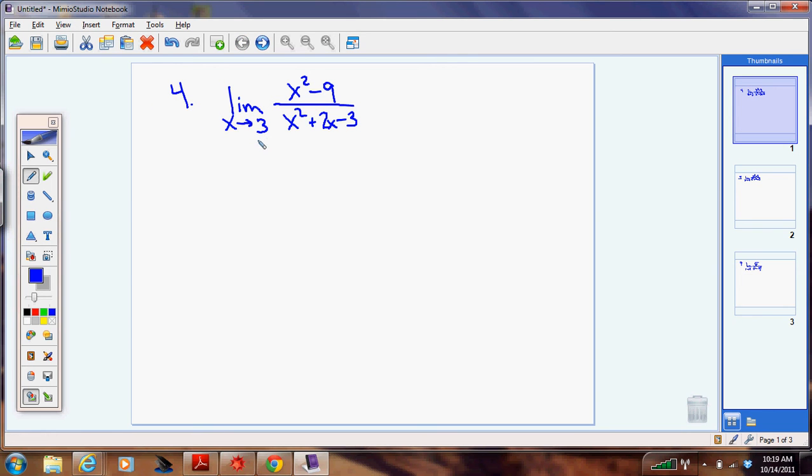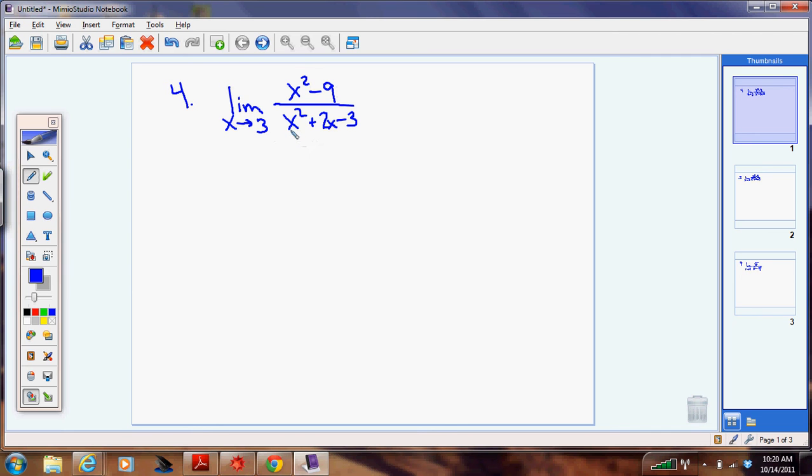As I've mentioned in class, the first thing we want to do to check whether the limit exists is direct substitution. If we can directly substitute 3 into this expression and get a real result, then that's our limit. Plugging 3 into the numerator, I get 3 squared, which is 9, minus 9, and I get 0. 0 in the numerator by itself is not a problem. It all depends on what's happening in the denominator.